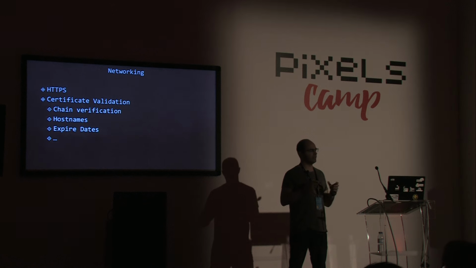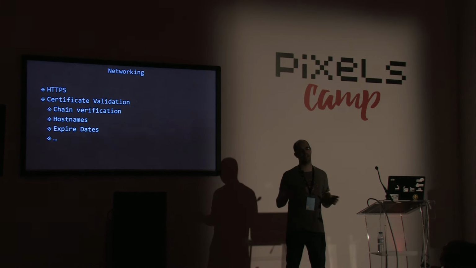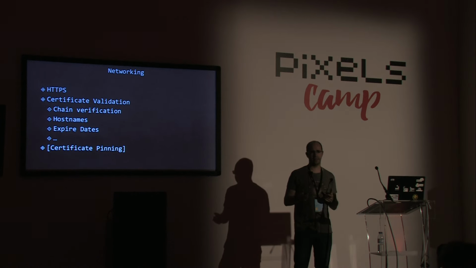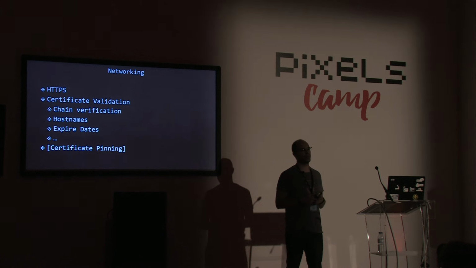The validation implies several things, including chain validation, guaranteeing that the host name presented by the leaf certificate is exactly the one that we were expecting, expiry dates, and other checks. And lastly, we have an optional step called certificate pinning that I'm going to talk about a little bit more later.